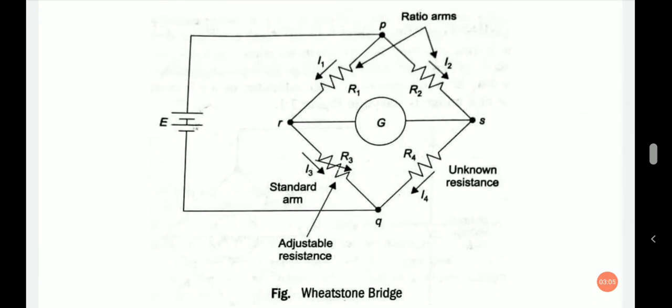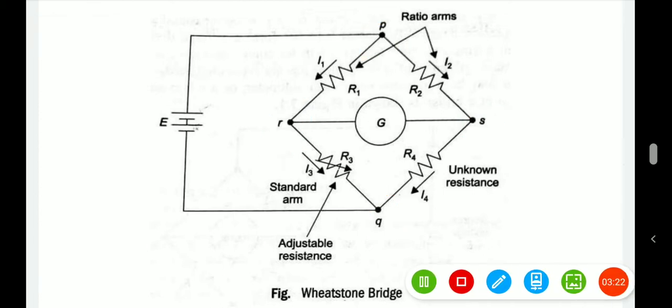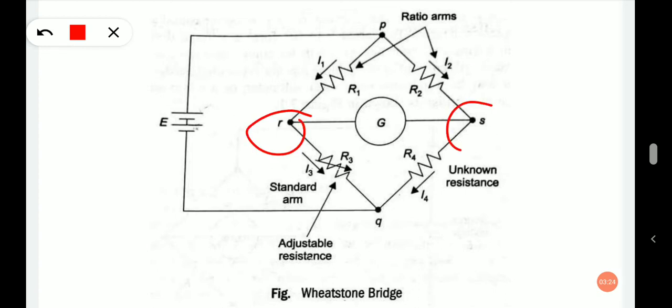The current can be obtained by looking into terminals R and S of the circuit shown in the figure. So here you can see the terminals R, Q, S and P. Here we need R and S.